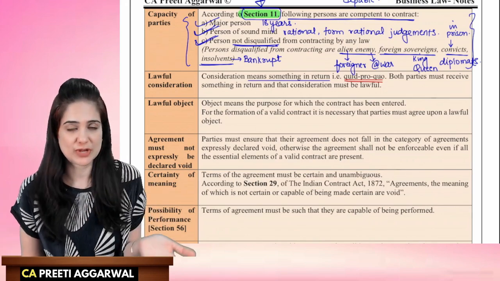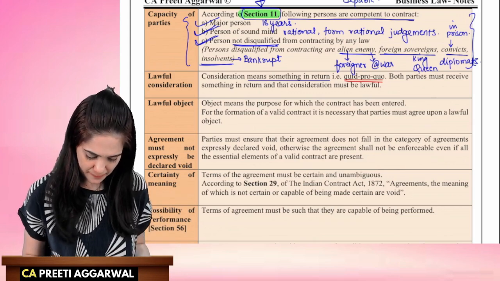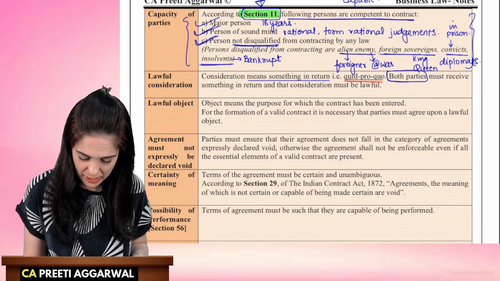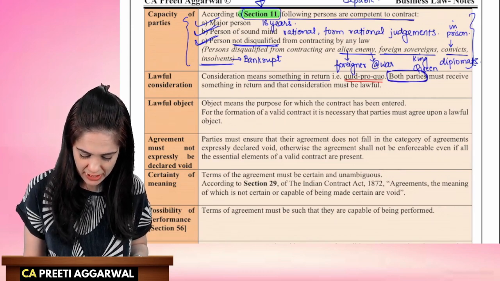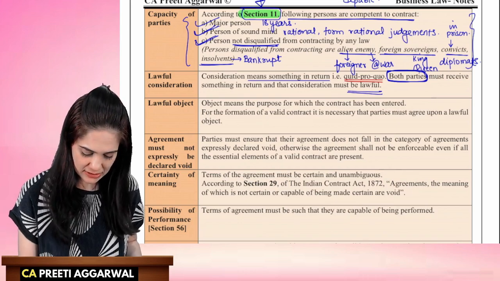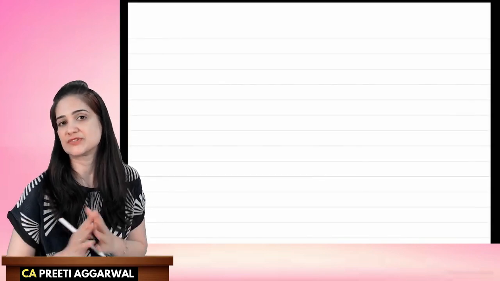You know, you have taken extra effort, something which the others have not done. It casts a very good impression. Both parties, this is very important, that both the parties must get something in return and that consideration must be lawful. Now, I'll explain consideration in detail so that we can use that knowledge for Unit 2 also, wherein we will discuss consideration in detail.